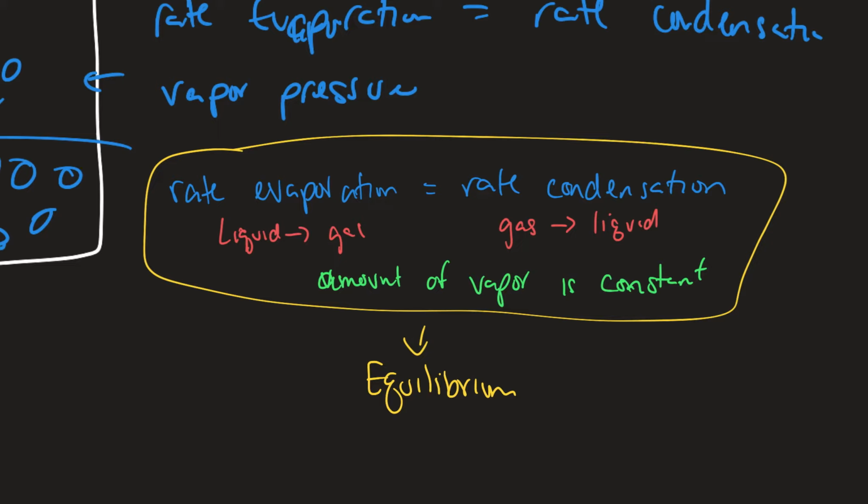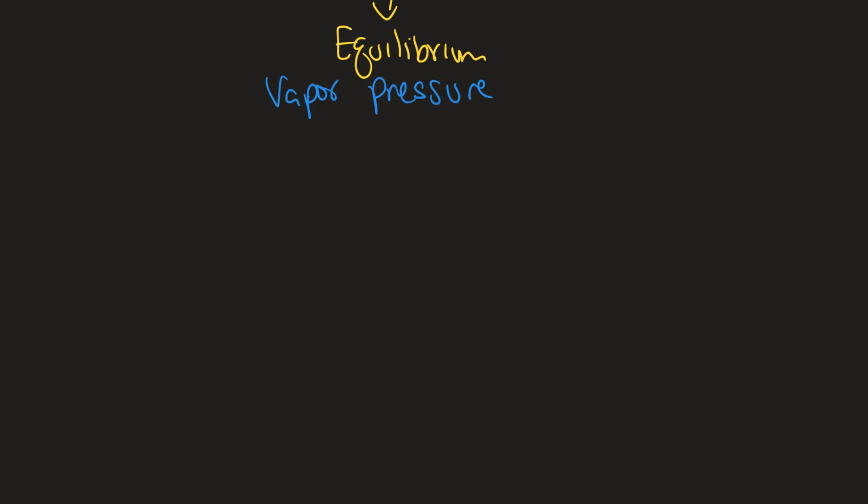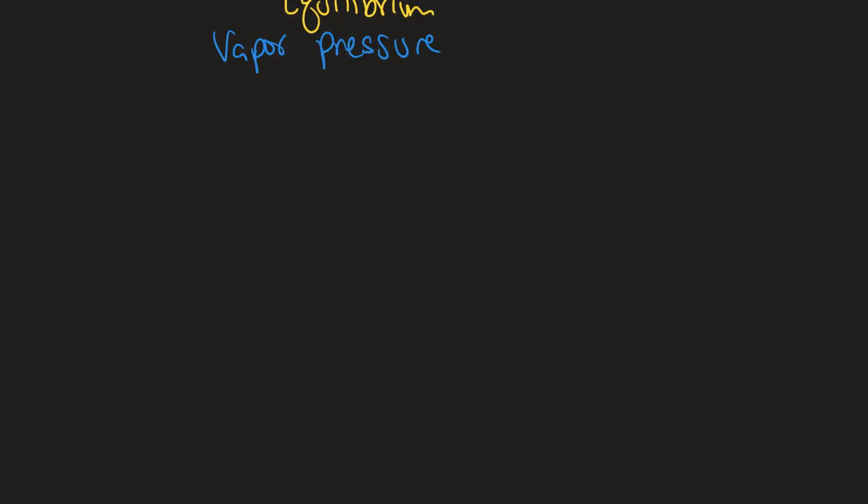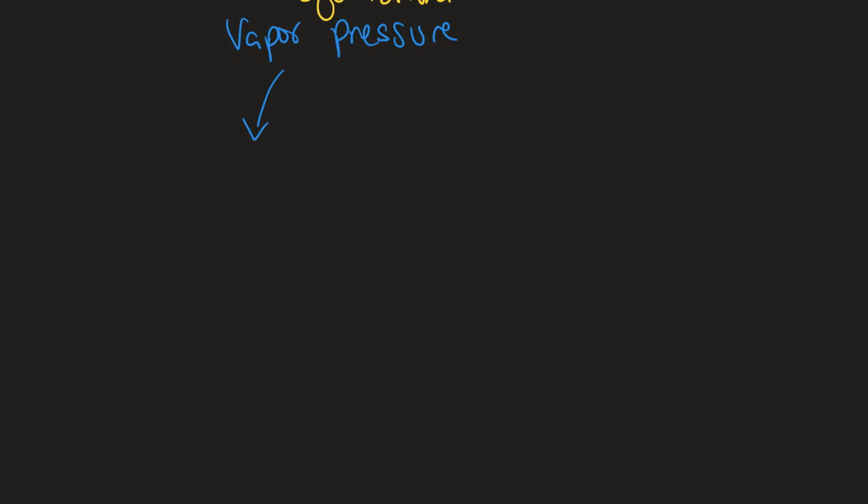When this is the case, we can measure what we call the vapor pressure. The vapor pressure is basically the partial pressure of the vapor molecules in equilibrium with the liquid itself. Now, vapor pressure depends on the temperature of the substance and its identity.